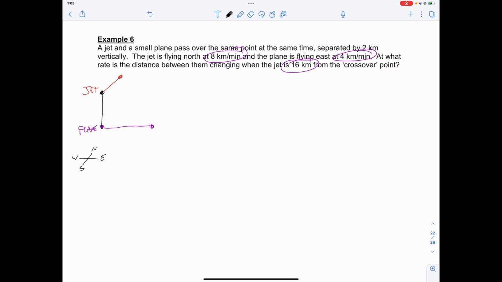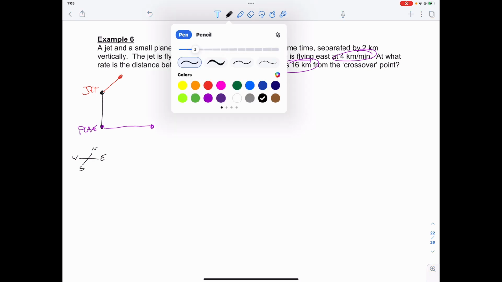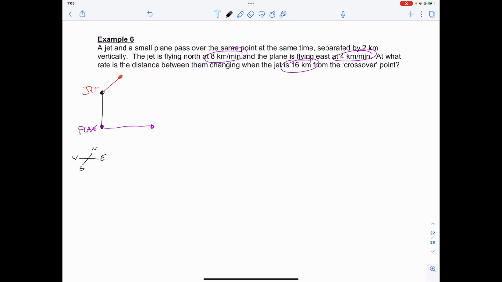Now, because this is changing in 3 dimensions instead of 2 dimensions, I'm going to fill this out as though it was a rectangular prism. But there are a few things that stay consistent.